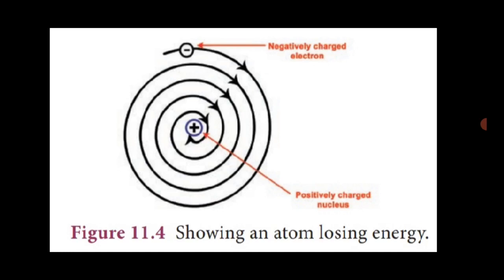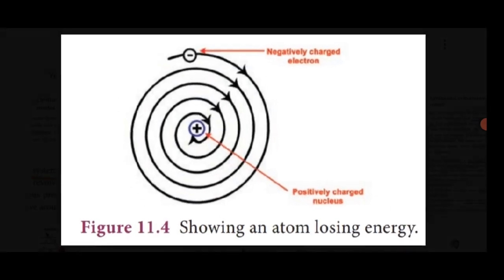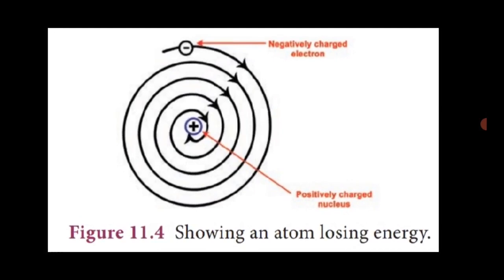After some time, the electrons lose energy, which means their orbit may reduce and finally the electron should fall into the nucleus. This concept Rutherford does not explain. This is one of the limitations.